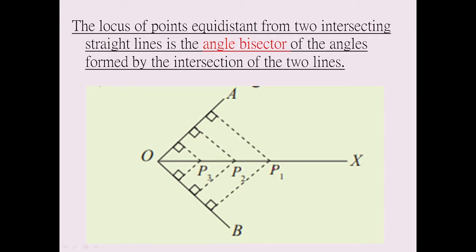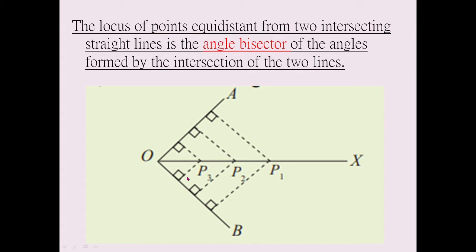Then think about the point P1. If we measure the distance from P1 to AO, and the distance from P1 to OB, they are equal. Similarly, P2 to AO and P2 to OB are equal. P3 to AO and P3 to OB are equal.